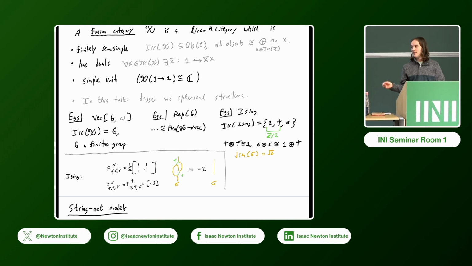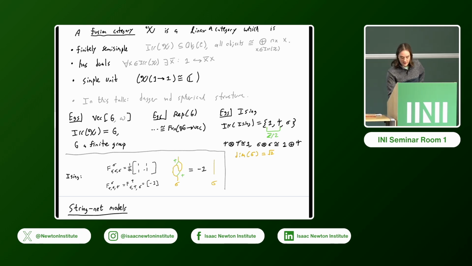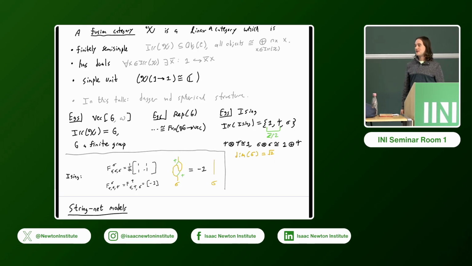And then sigma is another simple object, and the interesting fusion rule there is that sigma tensor sigma is 1 direct sum psi. Now, if you know anything about dimension of vector spaces, when you direct sum the vector spaces, the dimension adds up. When you tensor, it multiplies. So we solve the polynomial equations and also assume that 1 is one-dimensional. And we find that the dimension of psi is 1, and so the dimension of sigma is the square root of 2.